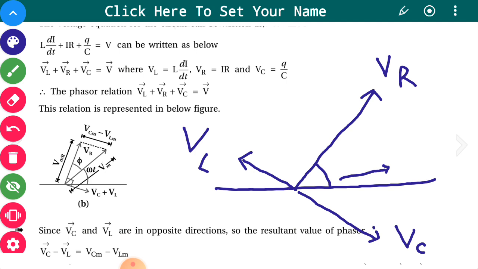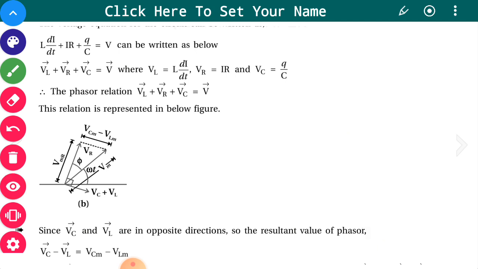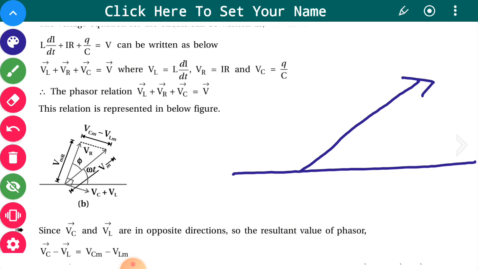The resultant of VC and VL, one vector is in this direction, the other vector is in this direction, then the resultant will be, say this is 10, this is 3, then the resultant will be 7 in this particular direction. So the resultant is drawn in this way. Again I am drawing it for you. Say for example, this is your horizontal line. This is the phasor of voltage across resistor.